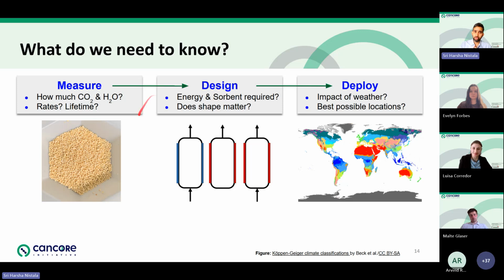And as you will appreciate, we are going from information gathered at the millimeter scale on the sorbent to a meter scale at the process level to technically kilometers scale at the level of deployment. Now, you may ask, do we know answers to all of these questions? Our response would be not really. So we know answers to some of these questions, but there are gaps that we do not know of.